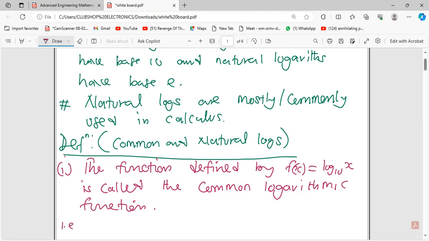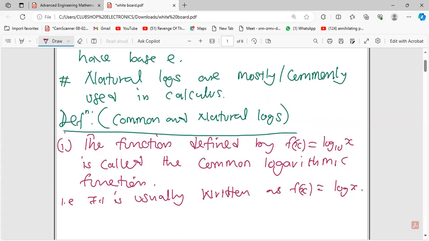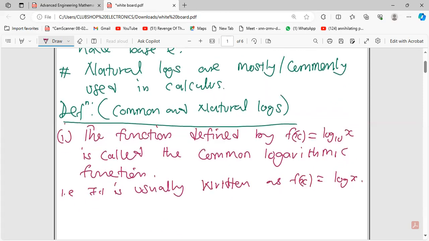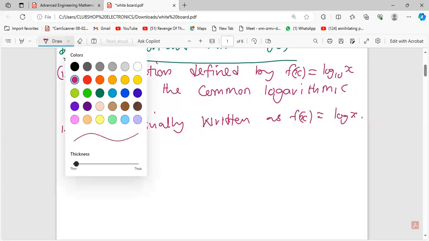It is usually written or expressed as f of x is equal to log x. That is the common log. Then we talk about the natural log.